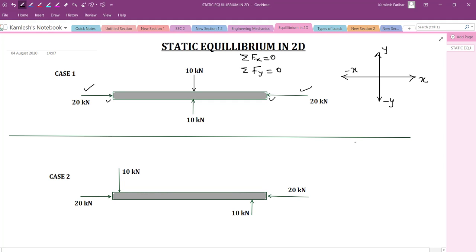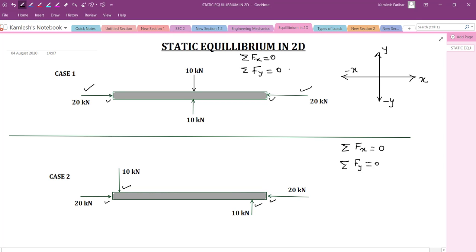Here also, summation of Fx, the sum of all the forces along x-axis, is again 0. Again this 20 kN and this 20 kN will balance out each other. Then again summation of Fy is 0, that is sum of all the forces along y-axis. See this 10 kN downwards and 10 kN upward. These two forces are balancing each other.